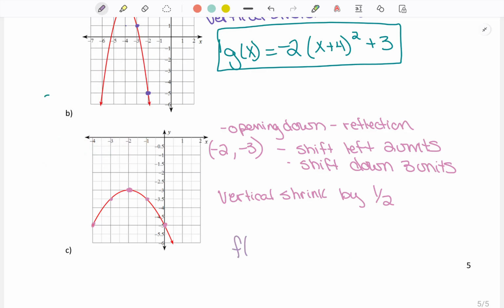So we're going to have g of x equals, then we're going to have 1/2, actually a negative 1/2 because we have the reflection. And then we're going to have x plus 2 squared minus 3.